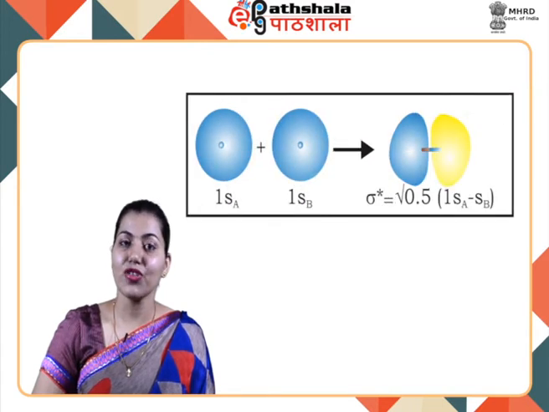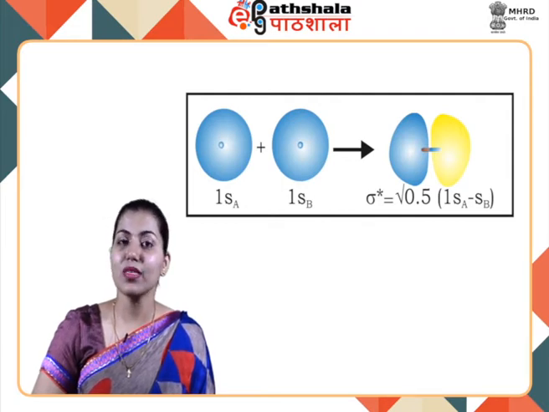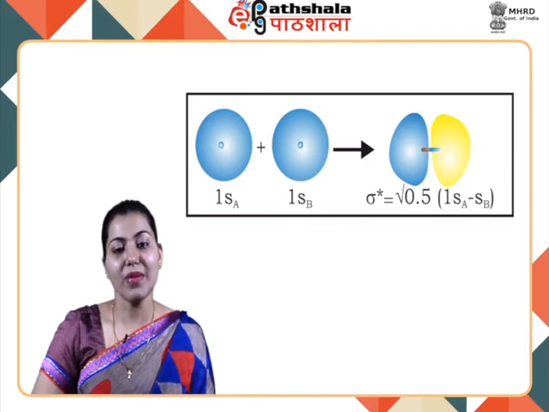The next consideration is if both the combining 1s functions are out of phase. This produces a molecular orbital with a node between the atoms, which is also symmetrical about the H-H axis. This is known as an antibonding molecular orbital and is given a sigma star label because of its symmetry.